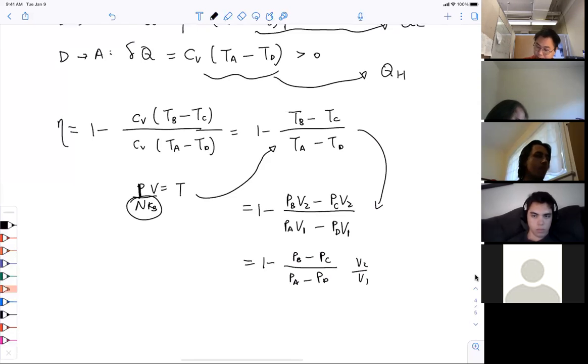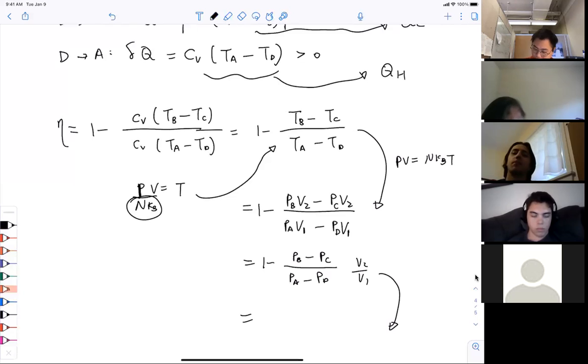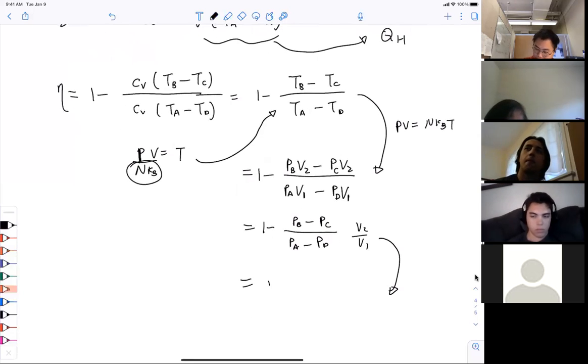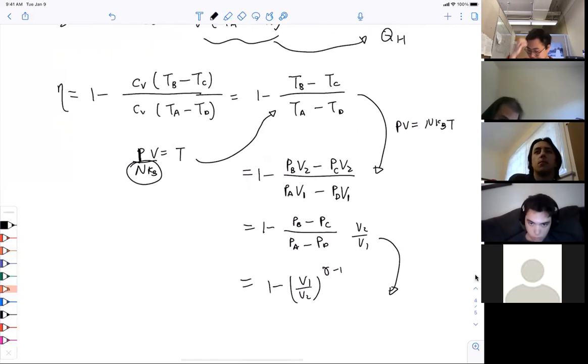From this step to this step, we only use PV equal to N kB T. And from this step to the final answer, with something like gamma minus 1, we only need to use PV^gamma equal to constant.